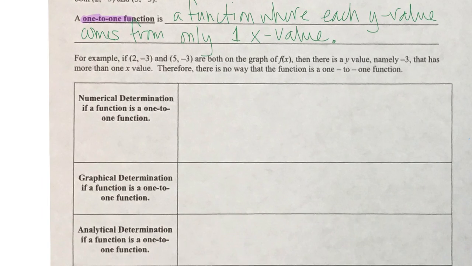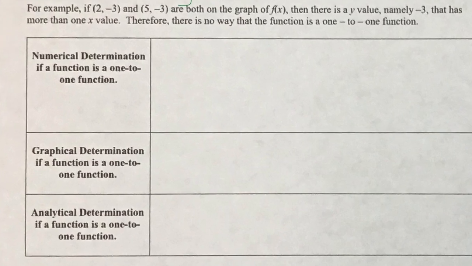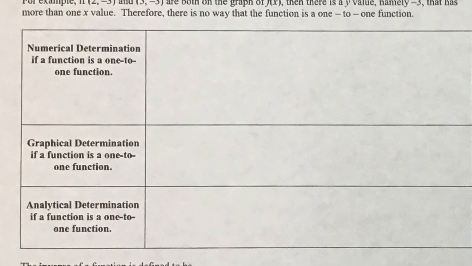Okay, so let's talk about some generalities and how we determine if a function is one-to-one numerically. Here we're going to be looking at tables of values or a point relation. And then we're going to look at it graphically. And then we're going to look at it analytically. Okay, we're going to analyze an equation. So let's see what those mean.